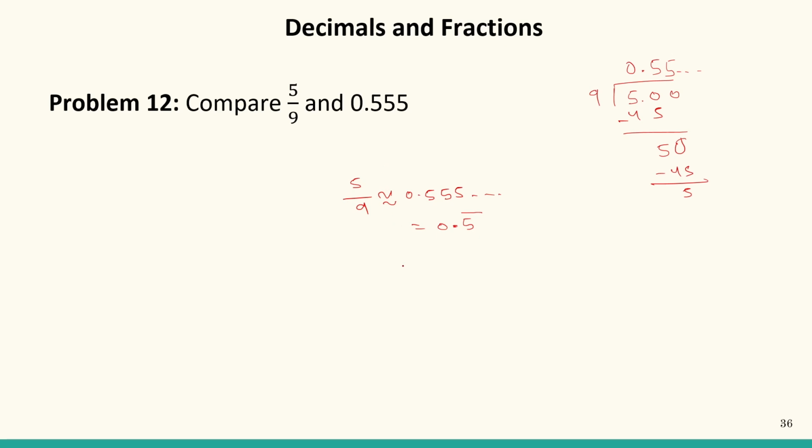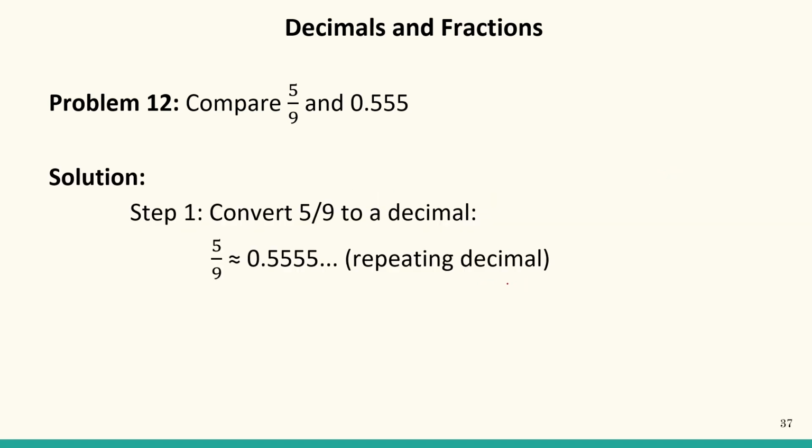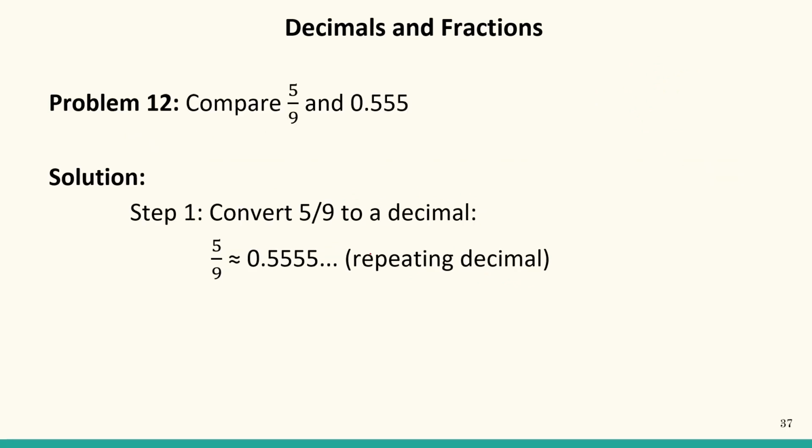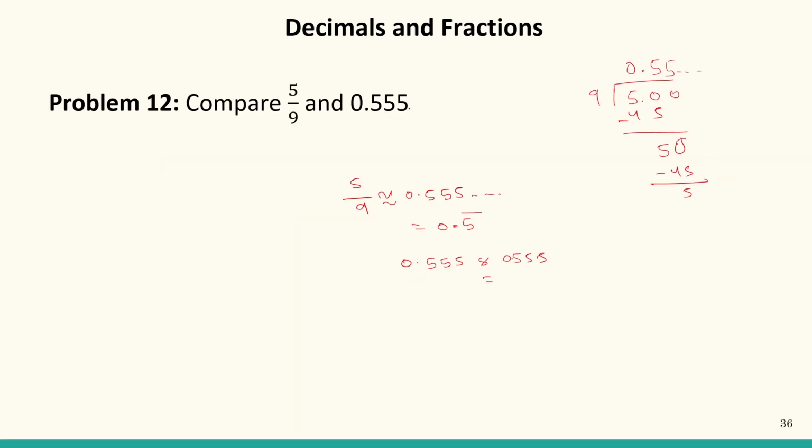So we need to compare 0.555 and 0.5 bar. Okay, this is repeating decimal. Yes, there are only finite terms here, but here it is repeating and non-terminating.